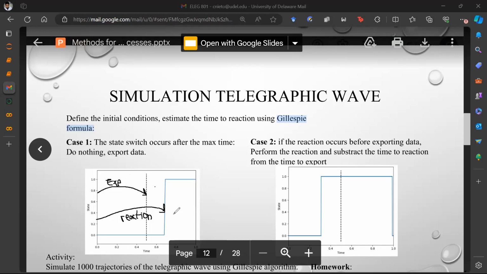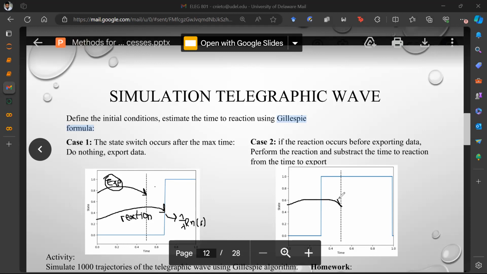So here the time to reaction is going to be the Gillespie formula, 1 over lambda times the logarithm of R. And the time to export is going to be delta t, let's say 0.01 or whatever. So you pick the minimum. In this case, the minimum is the export.